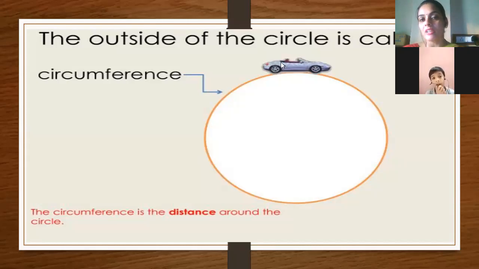Can you see the car moving on the circumference of the circle? So the outer part around the circle is the circumference. This is the first thing about the circle.